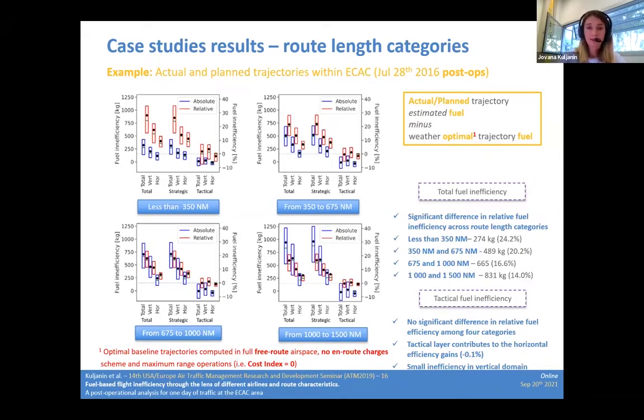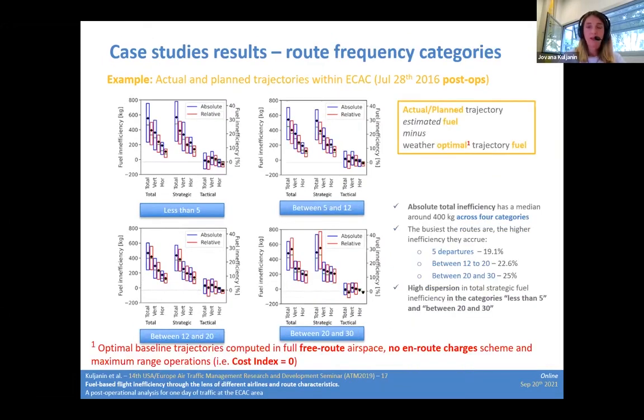On the other hand, at tactical fuel efficiency, we didn't find any significant difference in relative fuel efficiency among the 4 categories, although tactical layers contributes to the horizontal efficiency gains around minus 0.1% across all categories.